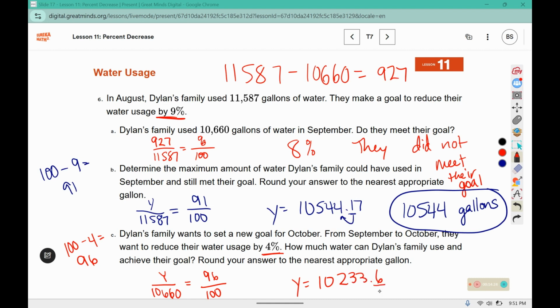The 6 is 5 or more, so it makes the 3 move up to a 4. Well, actually, since they want to reduce their usage by 4%, we need to round down regardless, otherwise they won't quite reach that 4% mark. They would be just under 4%. So it should be 10,233 gallons.